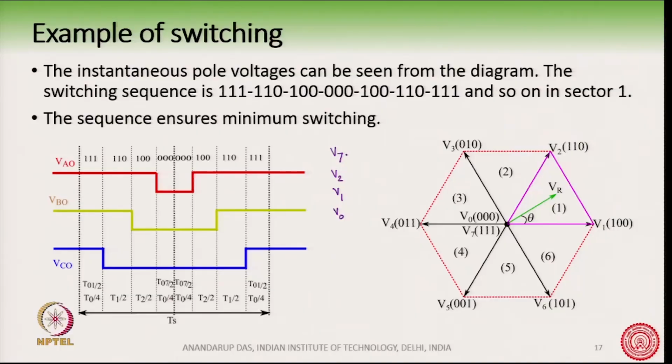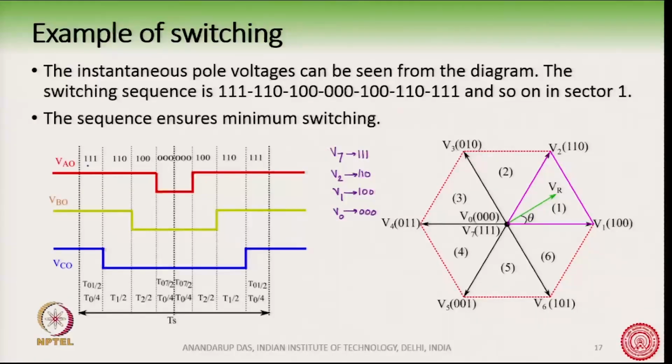So, V7 means 111 and then V2 is 110 and V1 is 100 and V0 is 000. Okay. So, if we realize by switching these 4 vectors, how will the pole voltage look like?